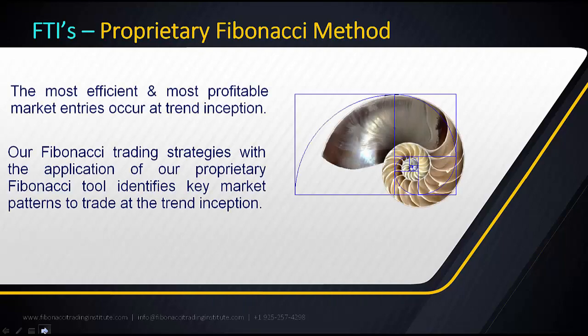The most efficient and most profitable market entries occur at trend inception. When price comes to reversal zone, monitor for long. Again, this is a chart from the trading room where you can witness method in live markets.